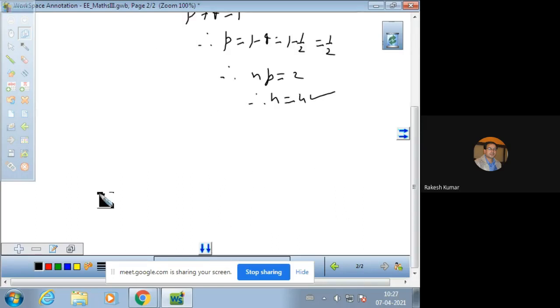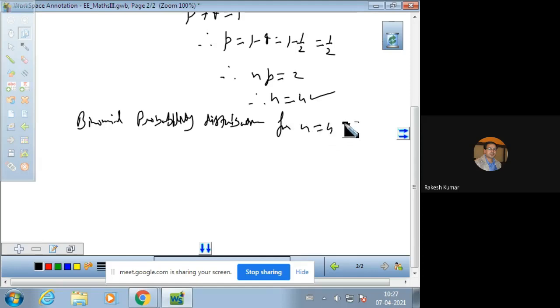We have to find out the binomial probability distribution for n is equal to 4, where the variable takes the value r.